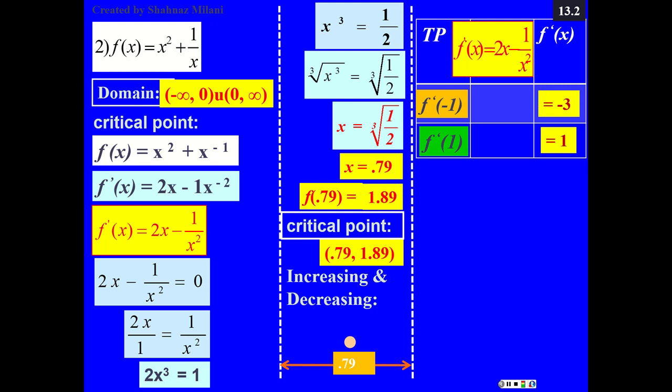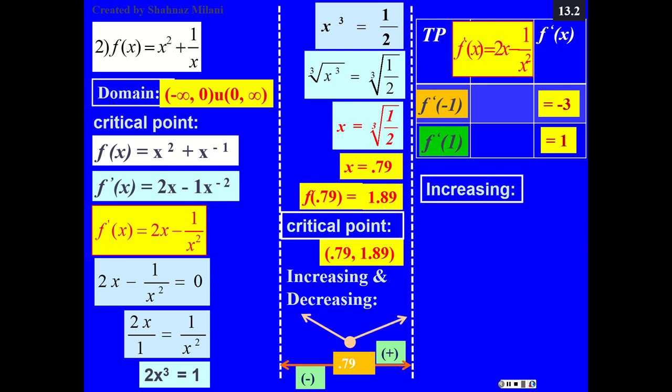Now, the main thing we are concerned with at this time: if my answer is negative, that means in this area my graph is decreasing. If my answer is any positive number, then on the right side, my graph is going up. Then, I'm going to draw my line. Left side is going down, right side is going up.